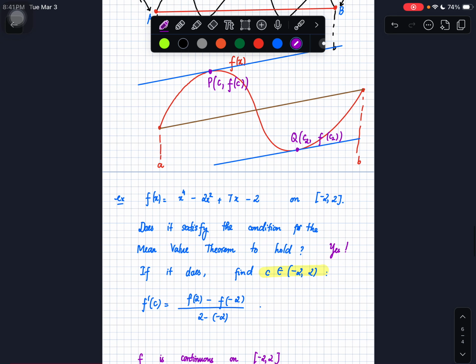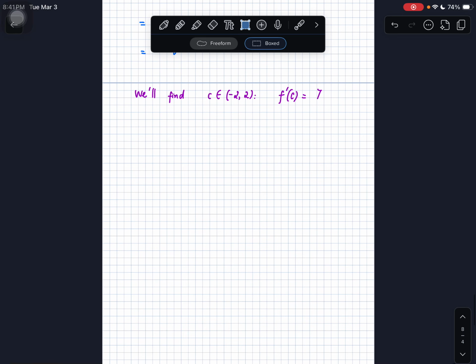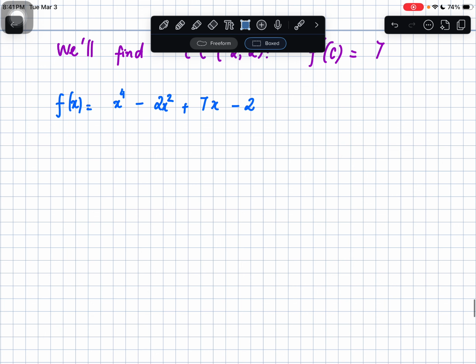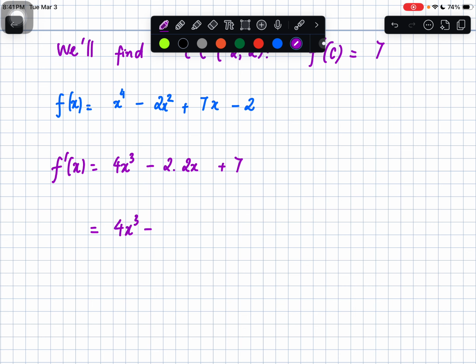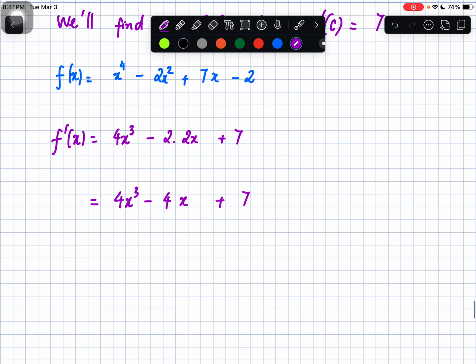So just compute f prime of c and let it be 7. f prime at x is 4x cubed, minus 2 times 2x, plus 7. So 4x cubed, minus 4x, plus 7. So we need to find c such that this one equals 7.